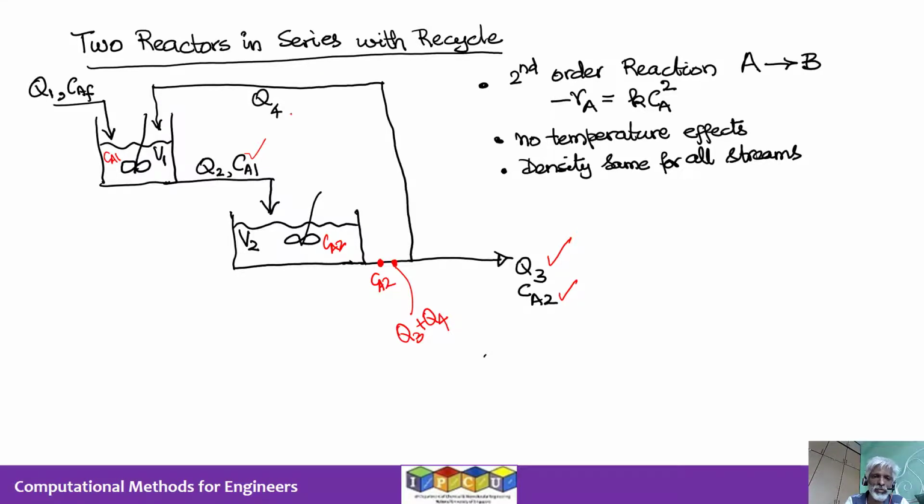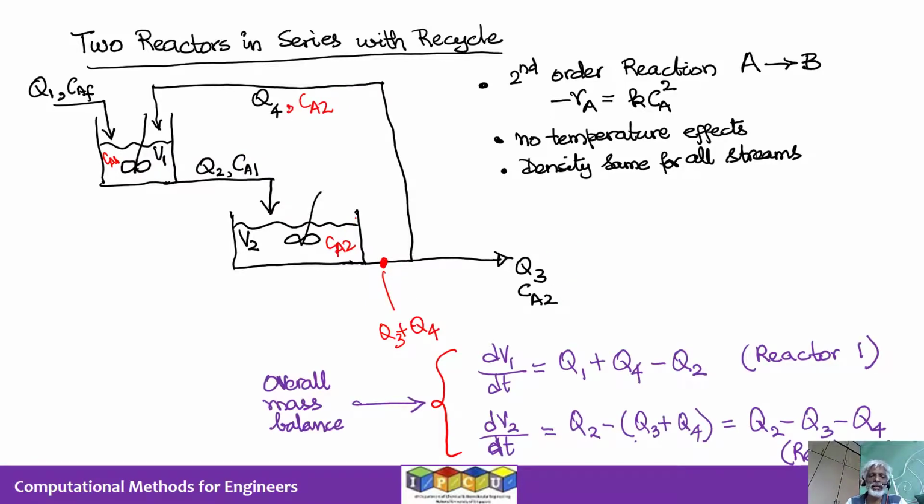So the concentration of this stream is going to be Ca2, because this concentration should be the same as this concentration, should be the same as this concentration. So all of these should be Ca2. So with all these inferences, we can get this situation where all the labels are there, right?